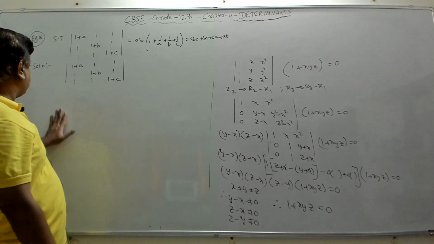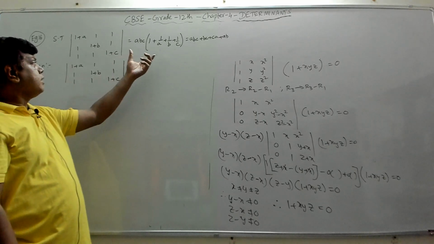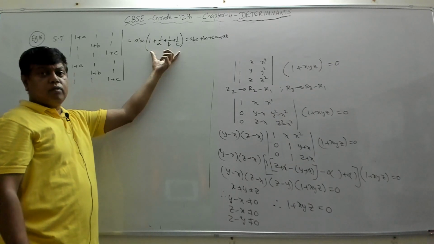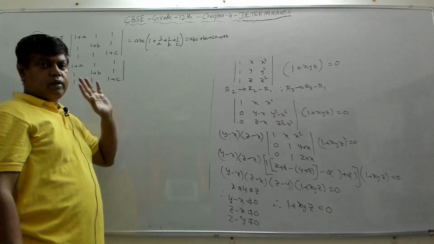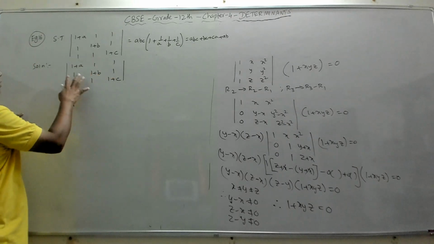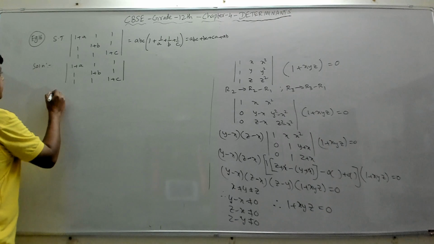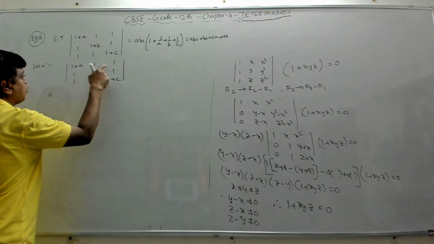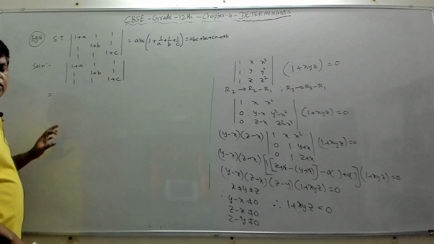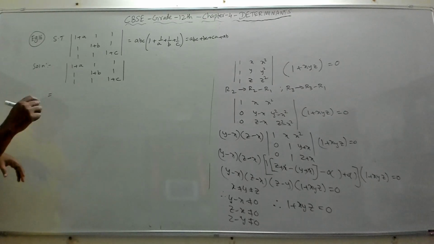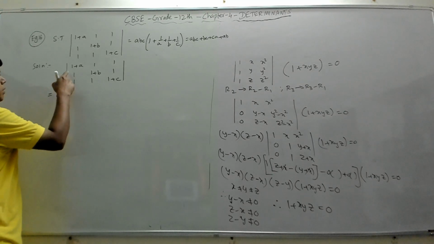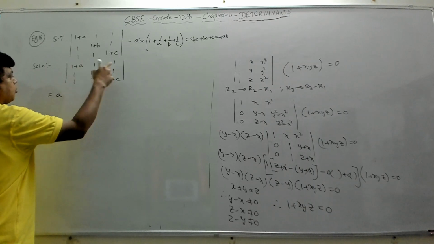Now, second thing that we can look at: we have to get 1 by a, 1 by b, 1 by c. Is there a way that we can make these elements as 1 by a, 1 by b, 1 by c? Suppose I take a common from the first row.